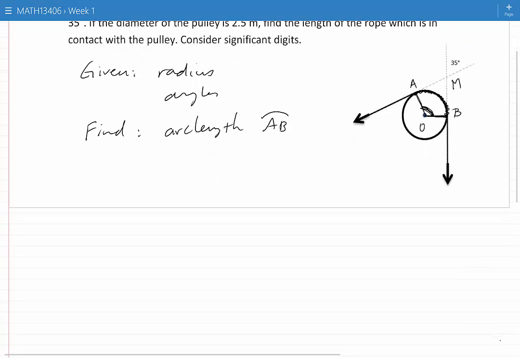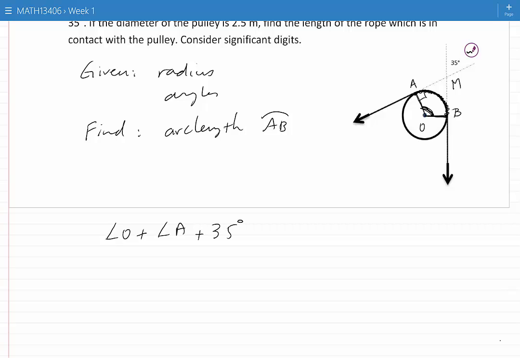We observe that angle O plus angle A, which I am showing in the graph, plus 35 degrees plus the angle B is equal to 360 degrees. But at the same time, the angles A and B are both equal to 90 degrees.